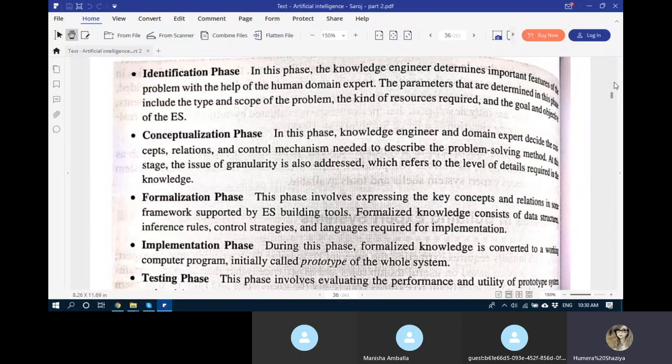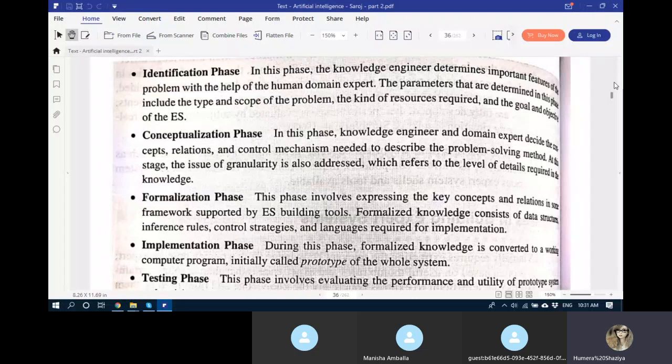For that, in the initial phase of identification of features, we have gathered the knowledge or the features of that particular domain from the human expert. In the second phase, we decide on what are the concepts, what are the relations between them, and what is the control mechanism to describe this problem solving method.